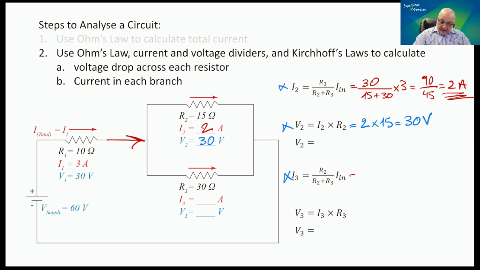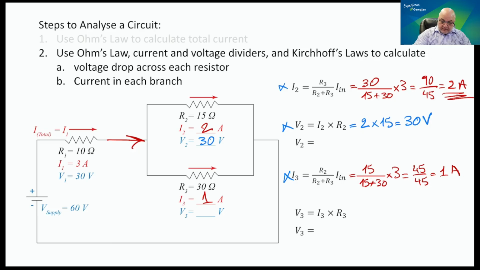So I3 equals R2, which is 15 ohms, divided by, again, 15 ohms plus 30, multiplied by the current coming in, which is 3 amps. So 45 divided by 45, and it is indeed 1 amp, as anticipated.